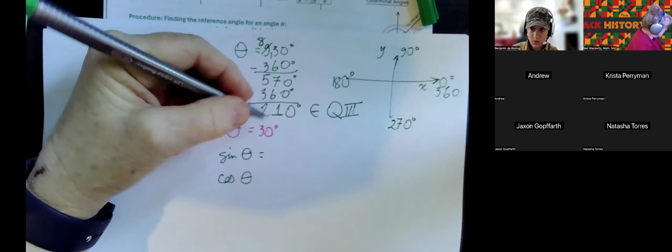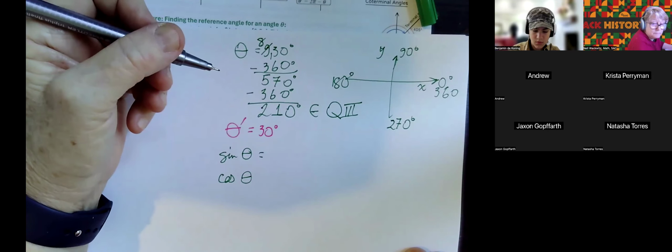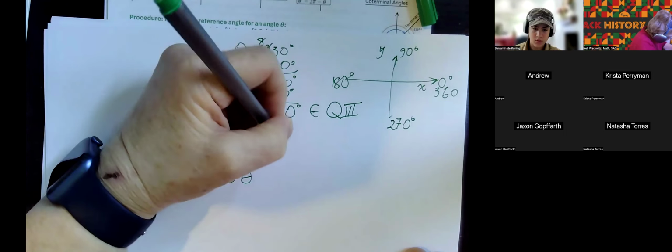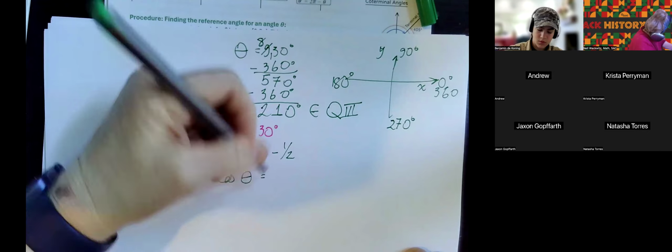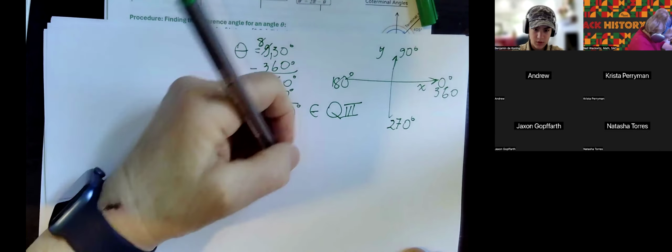The sine of 210: negative 1/2. Cosine: negative square root of 3/2.